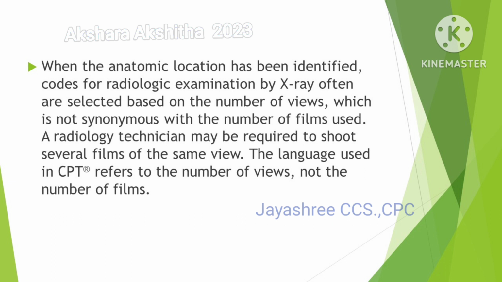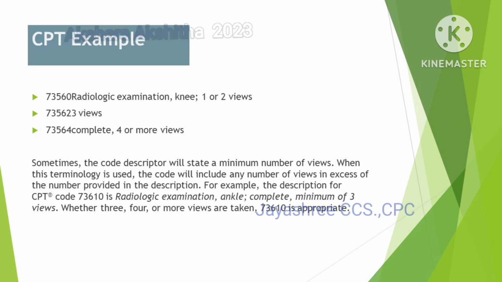So next we have to check how many views the doctor has taken using the X-ray, either 1, 2, 3, 4, etc. Based on the number of views we have the code. For example, for knee, 73560 is for 1 or 2 views, 73562 is for 3 views, and 73564 is for 4 or more views.